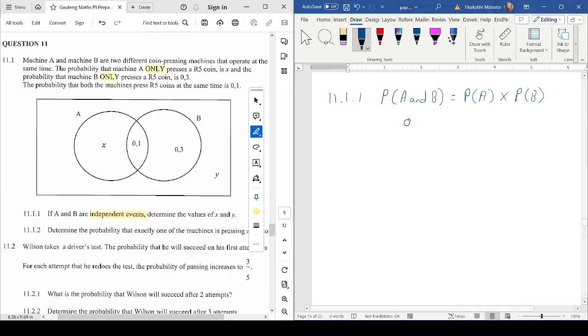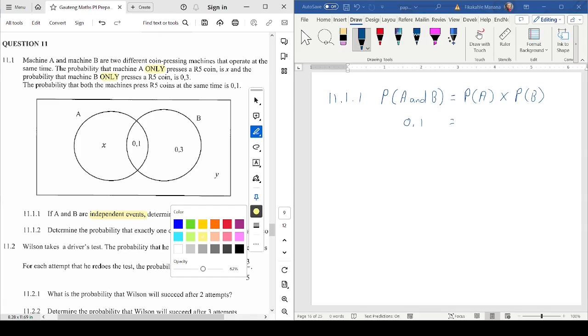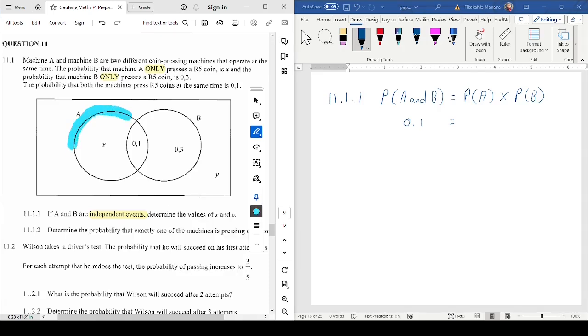We say 0.1 is equal to the probability of A times the probability of B. There's something I want you to look at. When we look at the probability of A, we are looking at the entire circle, which includes the intersection. So it's actually x plus 0.1.